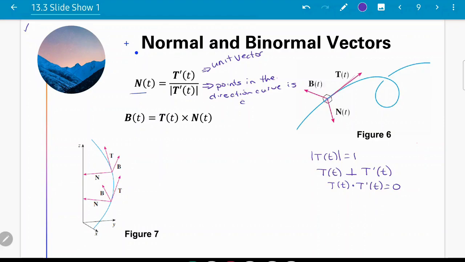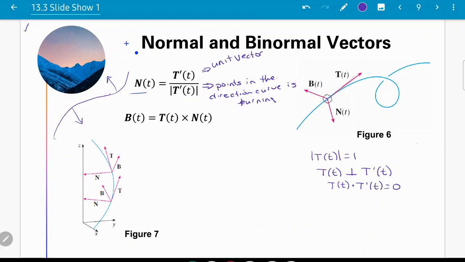It is pointing into the concave portion of the curve. As the curve goes this direction, the unit normal vector will point into the concavity of the curve.